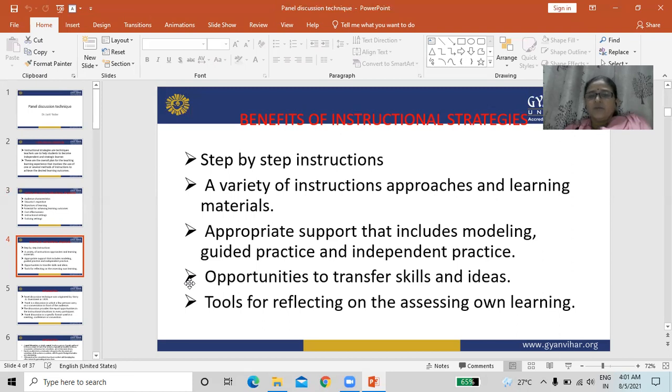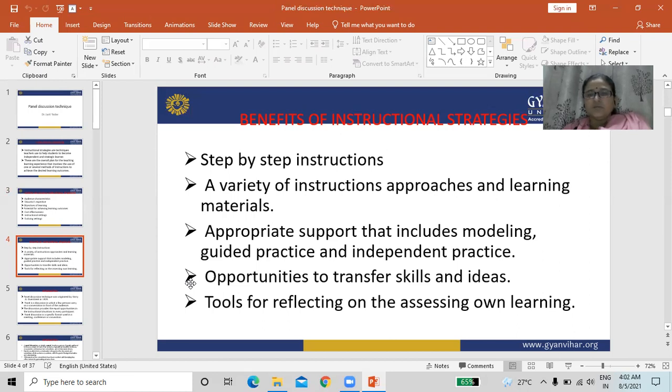A variety of instructional approaches and learning materials. In instructional strategy, we select different types of approaches and learning materials.